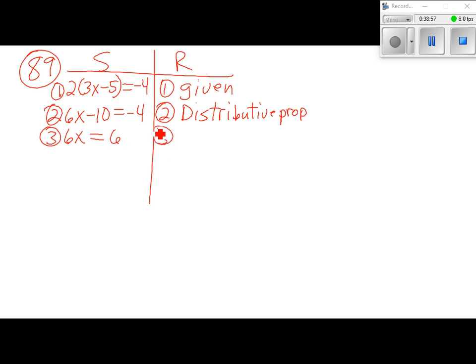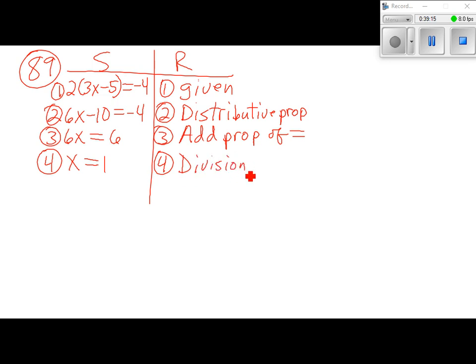There we used addition property of equality. And then we divide both sides by 6, so we end up with x equals 1. And that's just division property of equality. And that's all we had to do on that one.